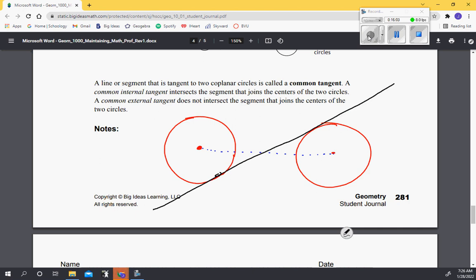Intersects here, intersects here. That is an internal tangent because it intersected that blue dashed line. Another example would be the other way. This one. That is also an internal tangent because it intersects that blue line.